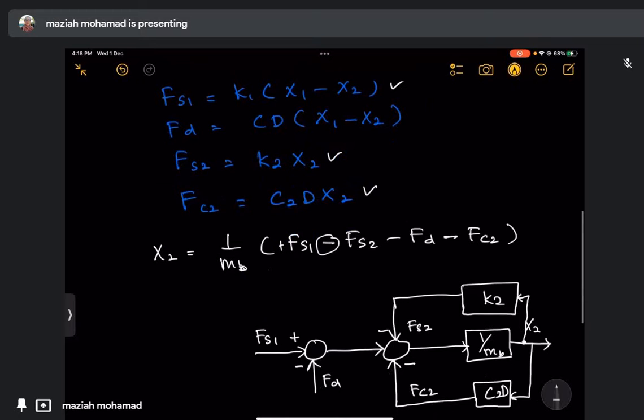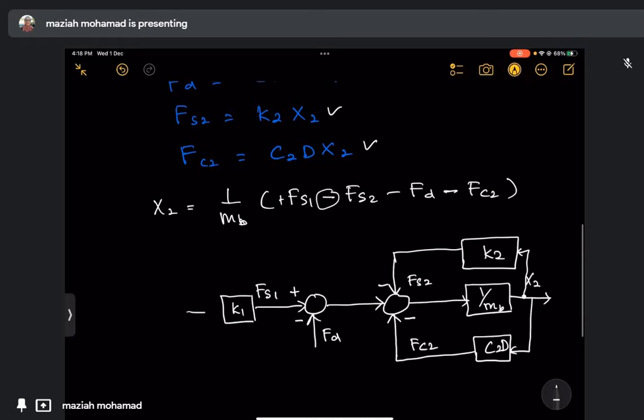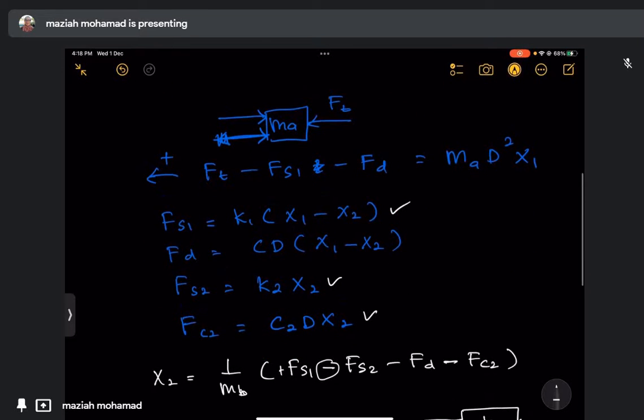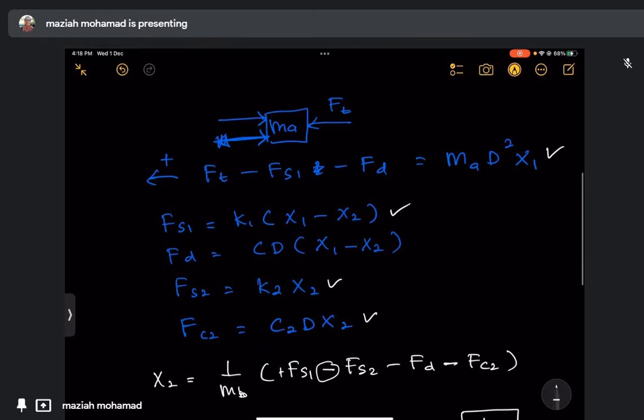Okay, FS1 is K1 times X1 minus X2. K1, and then here is X1 minus X2. Okay, so X1 will be solved using this equation here.